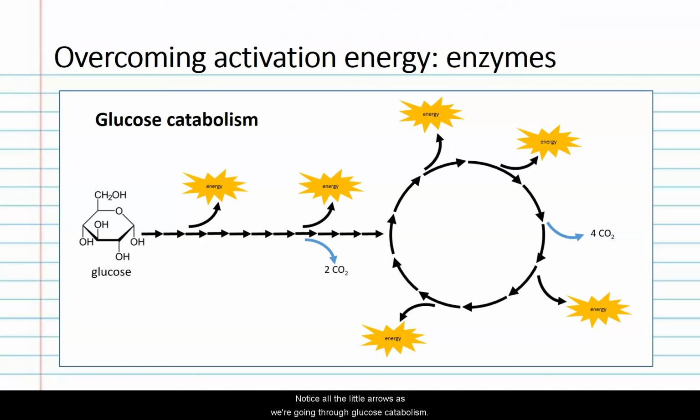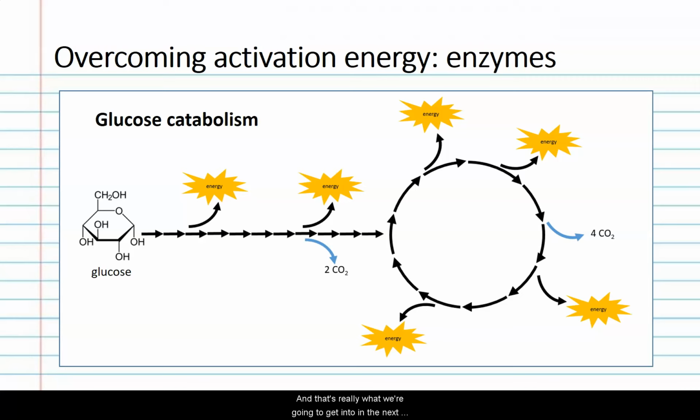Notice all the little arrows as we're going through glucose catabolism. Each one of those arrows represents a different chemical reaction within this pathway, and each one of those reactions is controlled by a different enzyme. Now, in the cell, rather than just burning the glucose and releasing all that energy as heat, the energy is captured a little bit at a time.